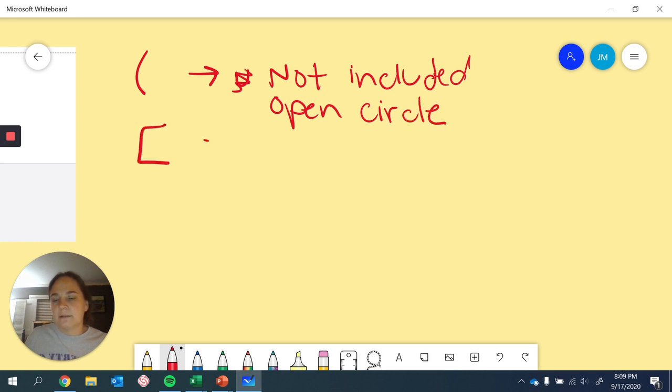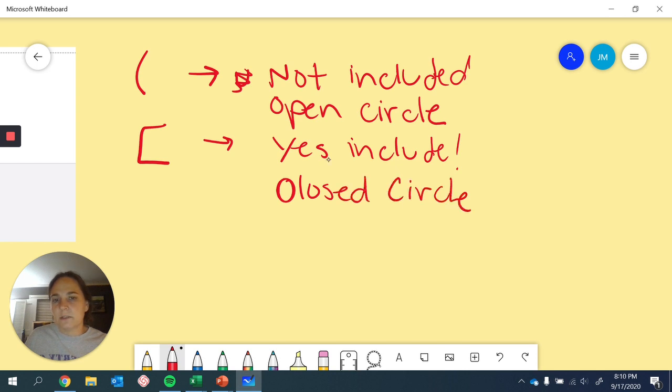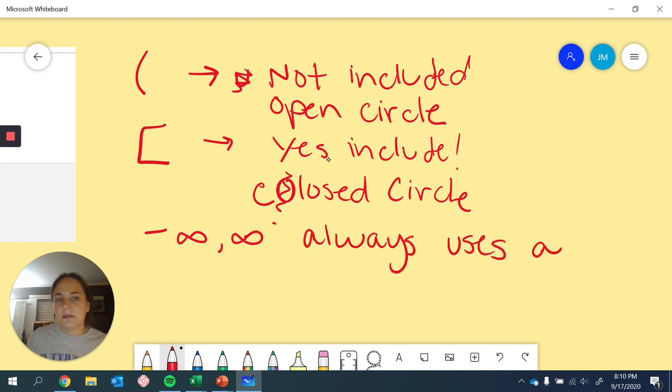Bracket means yes, include. Make that a closed circle. Closed circle. Okay, and negative infinity and infinity always use a parenthesis.